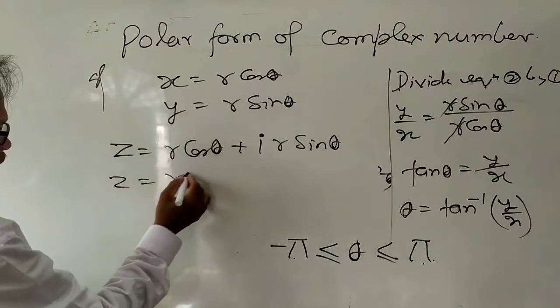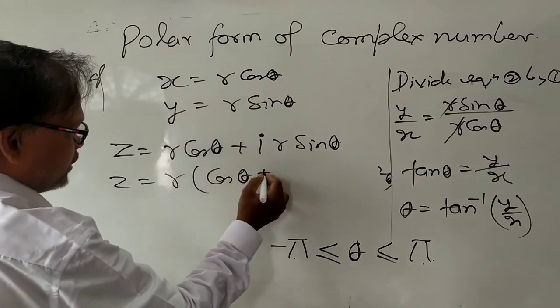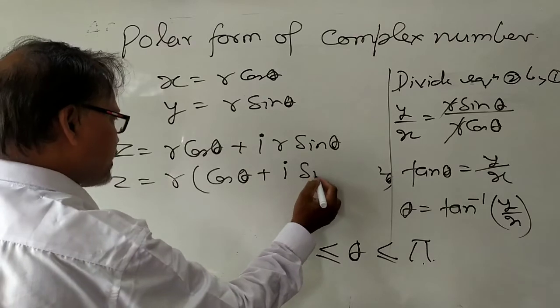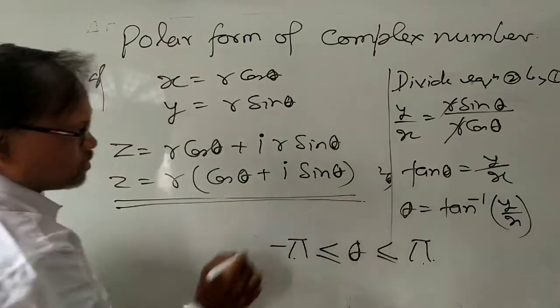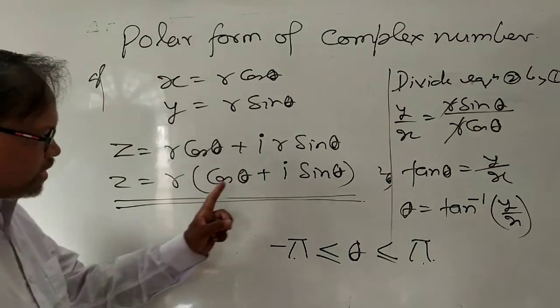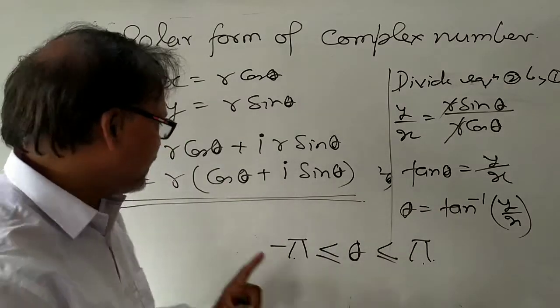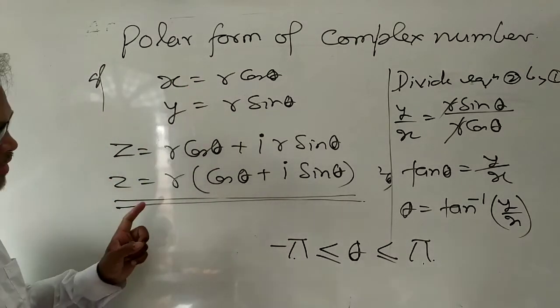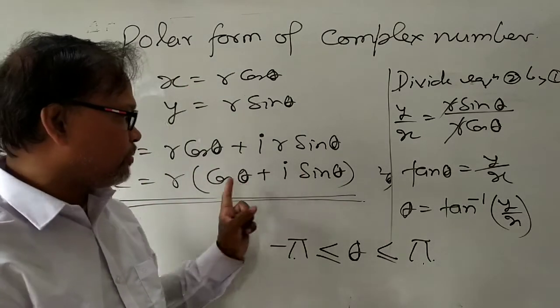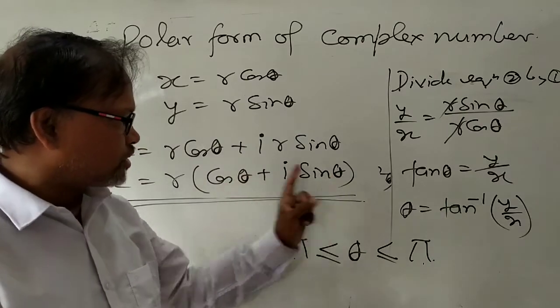Then z will be r common, cos theta plus i sin theta. This is the polar form of the complex number, where theta lies between minus pi to pi, and r is the value under root x square plus y square according to the question, and these two thetas will be the same in one question.